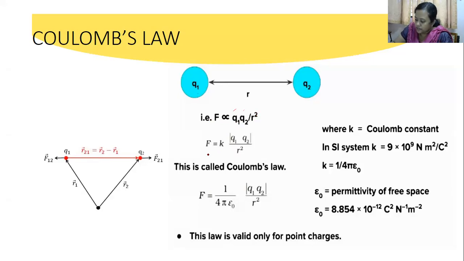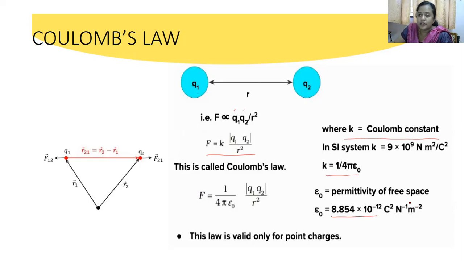We can write F is equal to K into Q1 Q2 divided by R square, where K is known as the Coulomb constant, and that value is 1 by 4 pi epsilon 0, where epsilon 0 is the permittivity of free space. Its value is 8.854 into 10 raised to minus 12 coulomb square newton inverse meter minus 2.